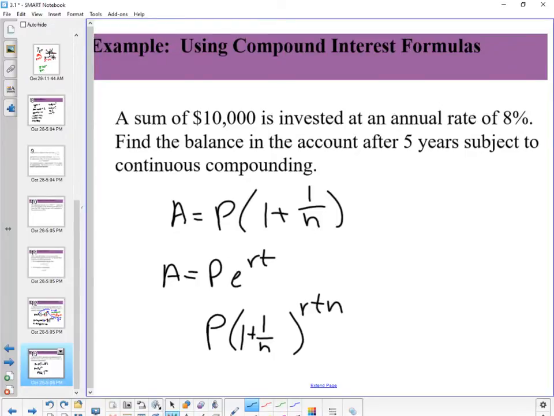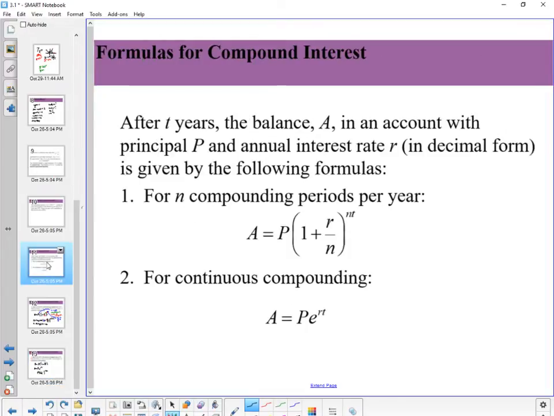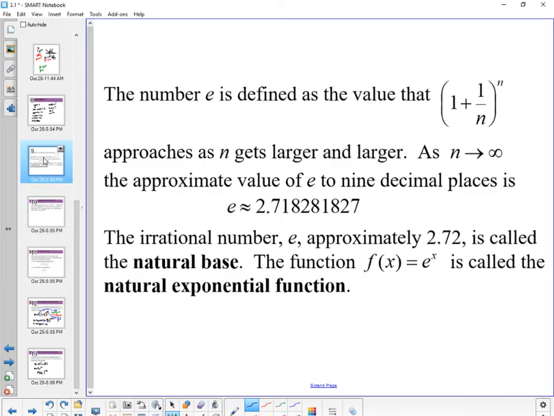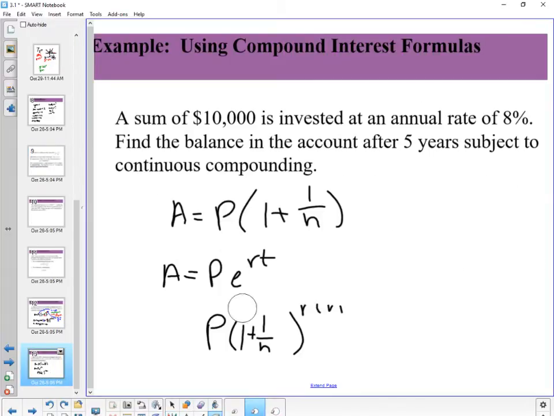But we can't, because we don't have a number of times. Yeah, because it goes on forever. It's just RT, because n would be infinity and we can't plug in infinity. So we have to use the rt. You can't use the other one. It's PERT.